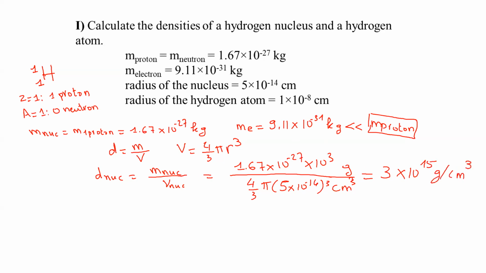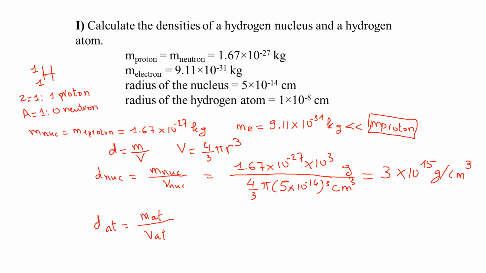Okay, and similarly, we can calculate the density of the atom. It will be equal to the mass of the atom divided by the volume of the atom. And as I was saying, for the mass of the atom, you should consider the mass of the proton, the neutron, and the electron. But the mass of the electron here is very, very small compared to the mass of the proton.